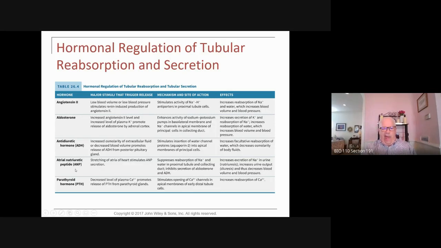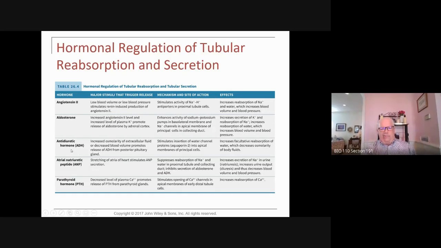And then we have ANP, produced by the atria of the heart, increases the excretion of sodium, increases urine output, and is the only hormone in your body that decreases blood volume and blood pressure.